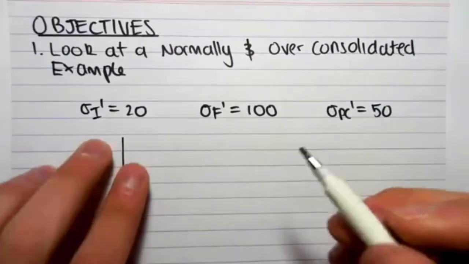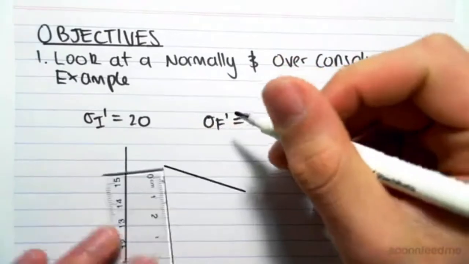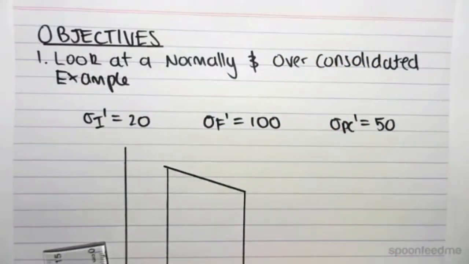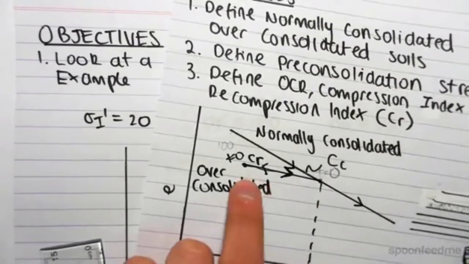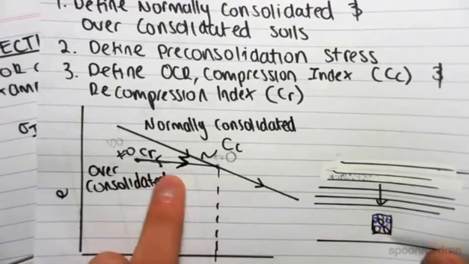So what that's going to do to our graph is, from sigma I dash to sigma PC dash, so from here to here, that is this branch here from our graph. That is the over consolidated branch.